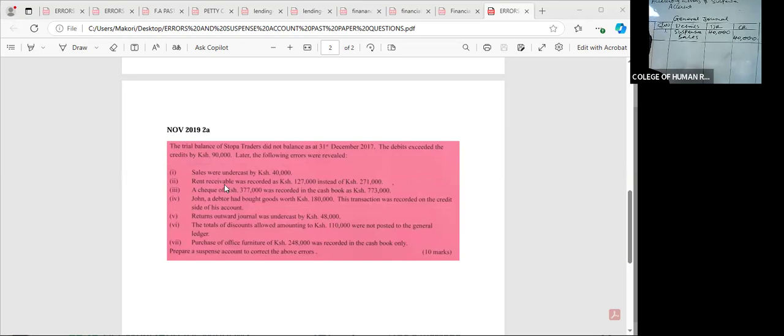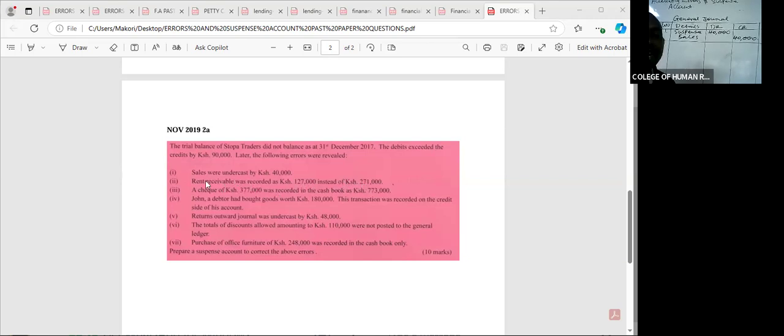But now look at what happened. Was recorded as 127,000 instead of 271,000. If you take 271,000 and you minus 127,000, that tells you we did an undercast of 144,000. Undercast. Because we used this instead of this.